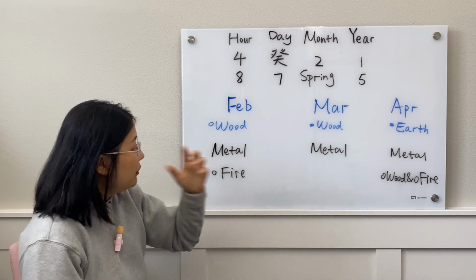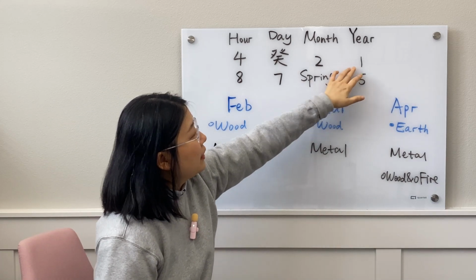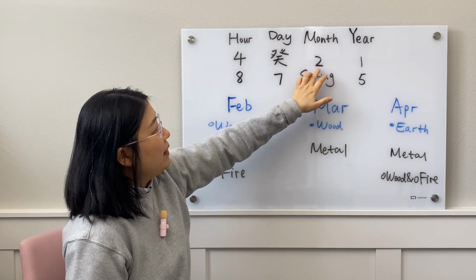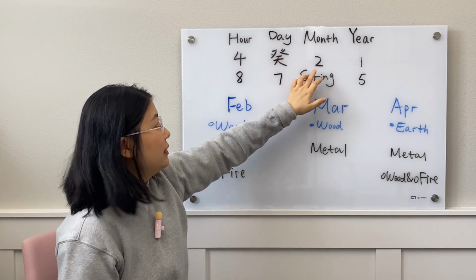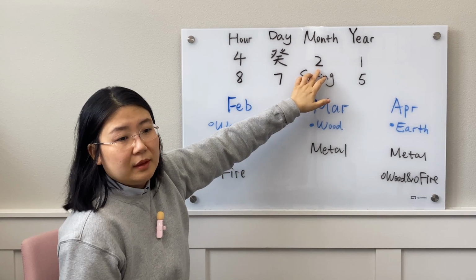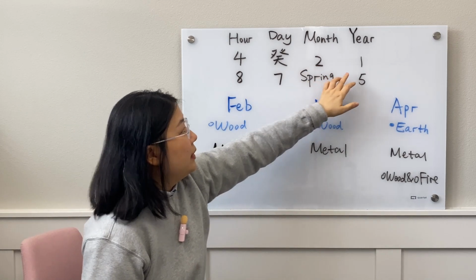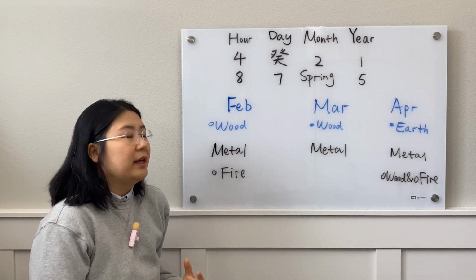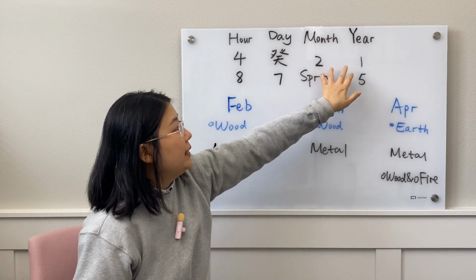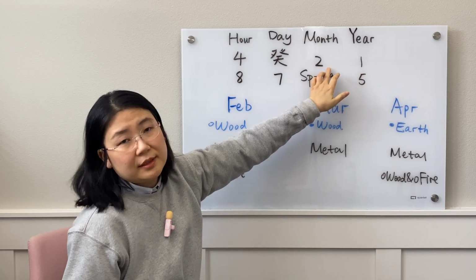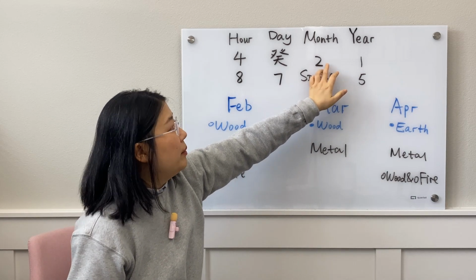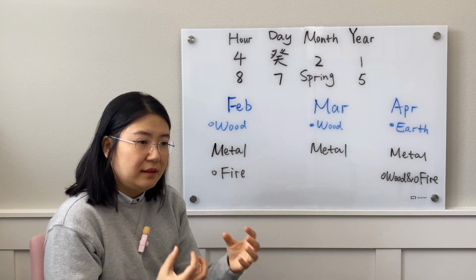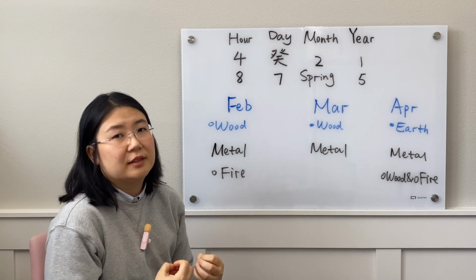For example, if you have a yang fire here and the yin metal here, even though I have a metal that supports myself, this is a good thing to show up in your chart, but you kind of turn a yang fire into a threat versus make it usable, because if they're right next to each other, fire suppresses metal. It will make this metal, even though it exists, its strength gets reduced by this fire.